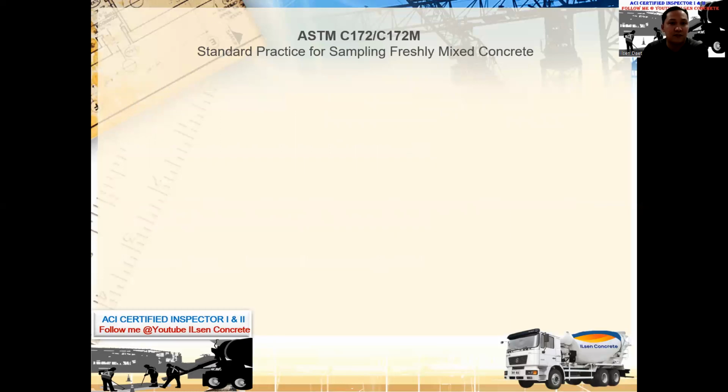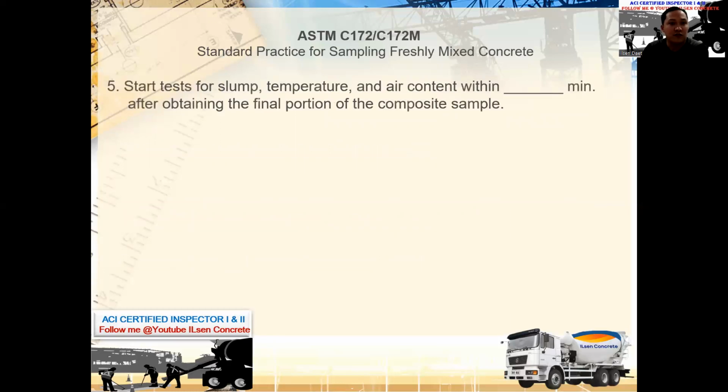Next, question number 5: start tests for slump, temperature, and air content, so ASTM C143, C1064, and for air content ASTM C231, within how many minutes after obtaining the final portion of the composite sample?